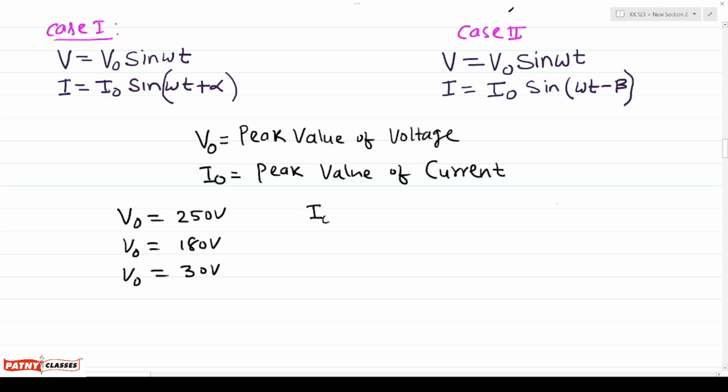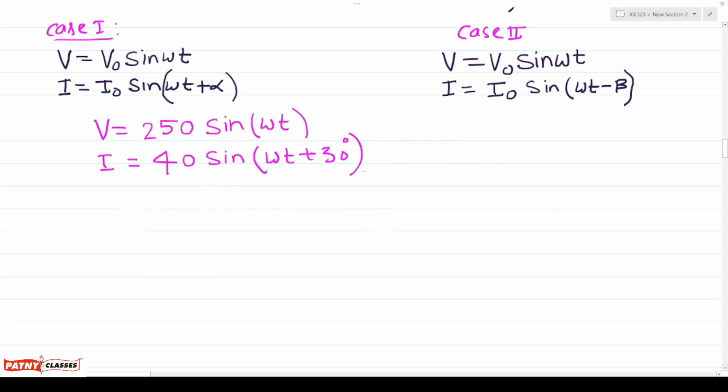Similarly, I naught is a number, such as I naught equals 4 amperes, 20 amperes, or 5 amperes. So they are the magnitudes of alternating current.